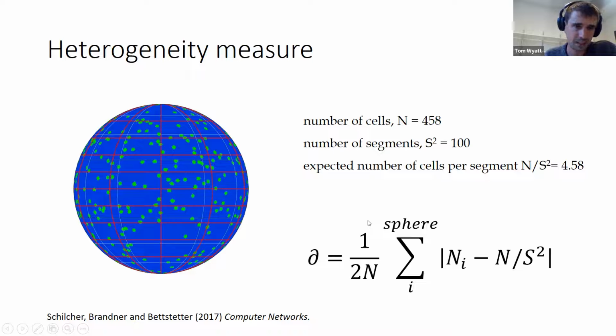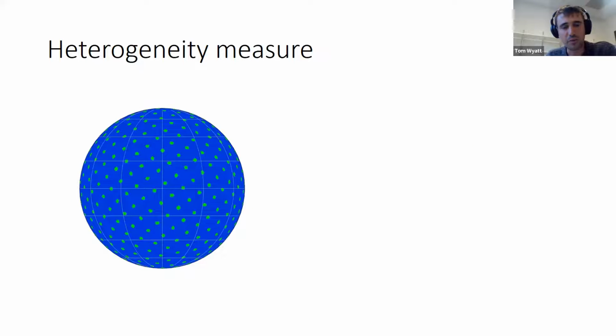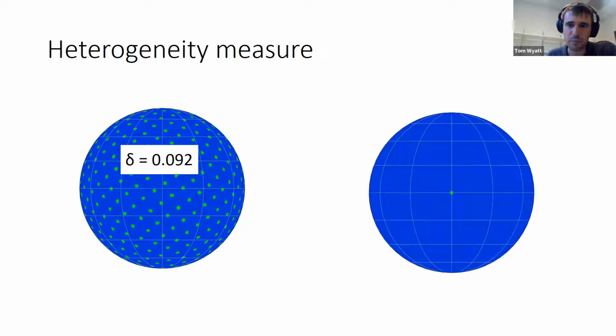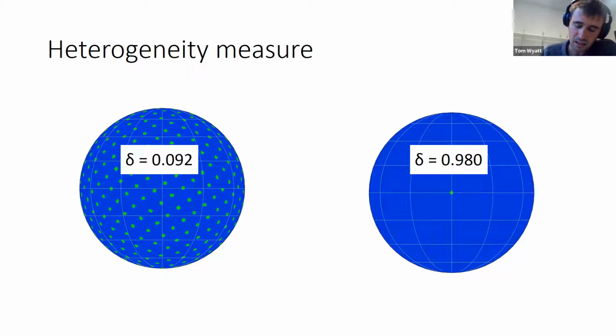And that gives us a very simple measure of heterogeneity, where if you're very evenly spaced, your measure is close to 0, like that. And if you have a very heterogeneous distribution of cells, for instance, here, it's kind of the worst one you can think of, where all of the cells are in one place, then you have a measure of heterogeneity which is close to 1 there.